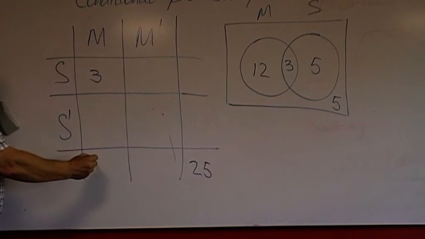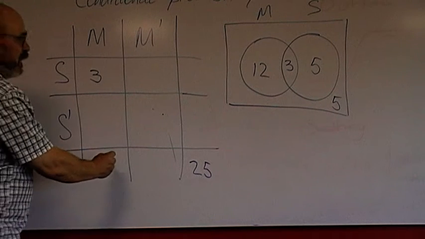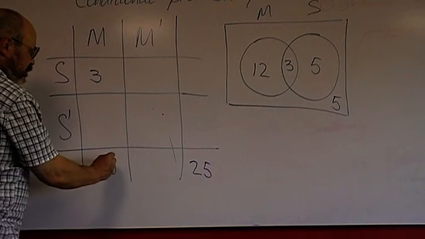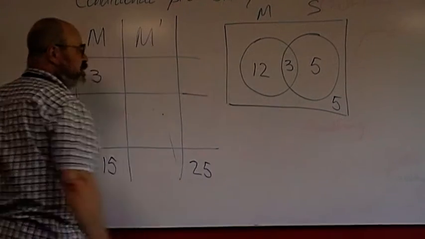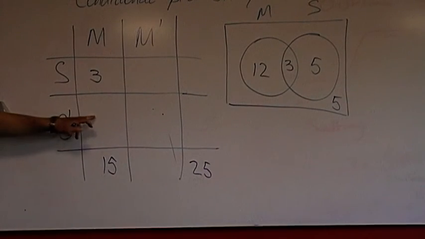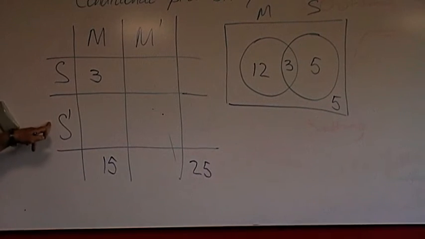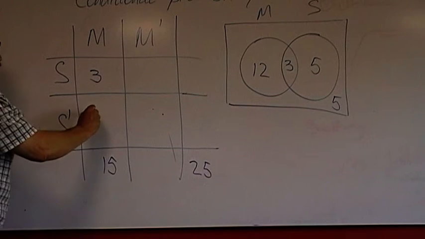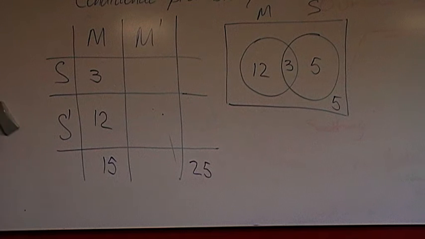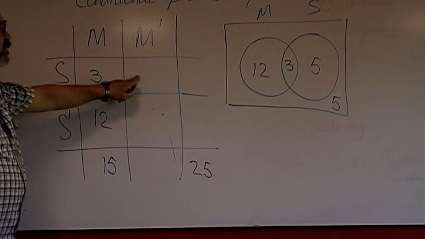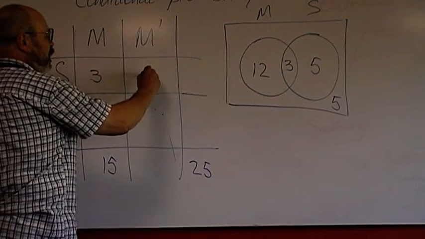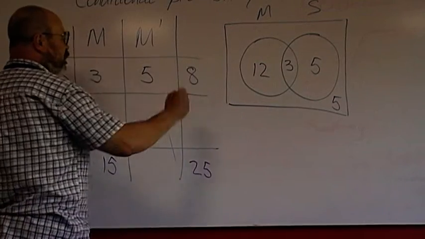Math altogether we have 15. So 12 students are doing math but not doing science. Now we have students who are doing science, not doing math. We have 5, and altogether we have 8 doing science.